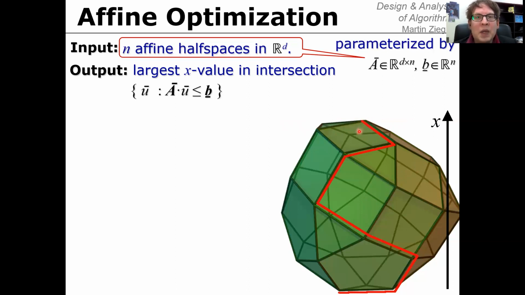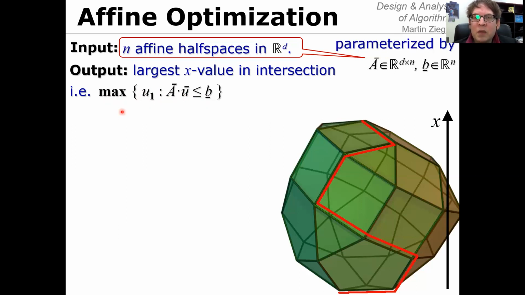And if we make some non-degeneracy assumption, then also the point is unique. Symbolically, algebraically, this means we're not interested in the set of all points in that polytope, which is infinite, but in the largest x value, that is the largest value of the first coordinates of all points in that polytope, the maximum. So it's an optimization problem.